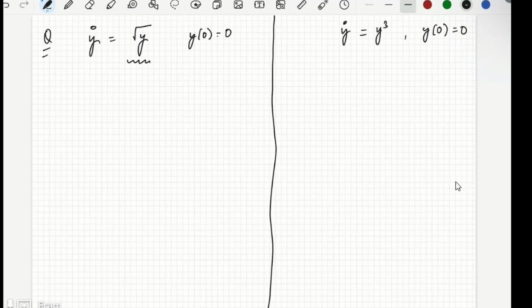So square root of y is continuous or not? The square root of y is continuous. Okay, anyone having any doubt in this?